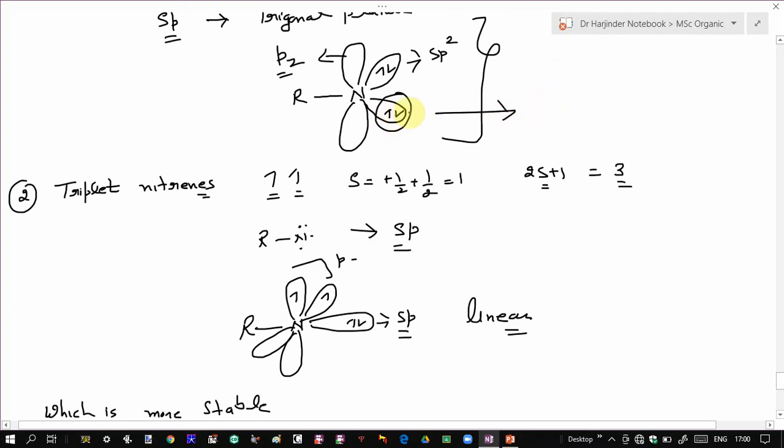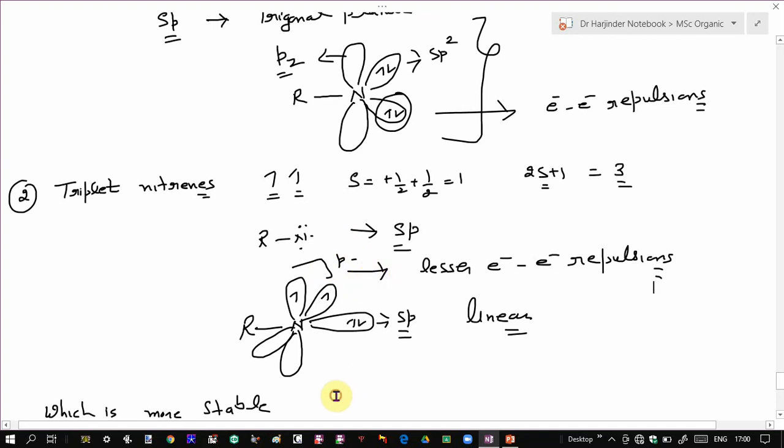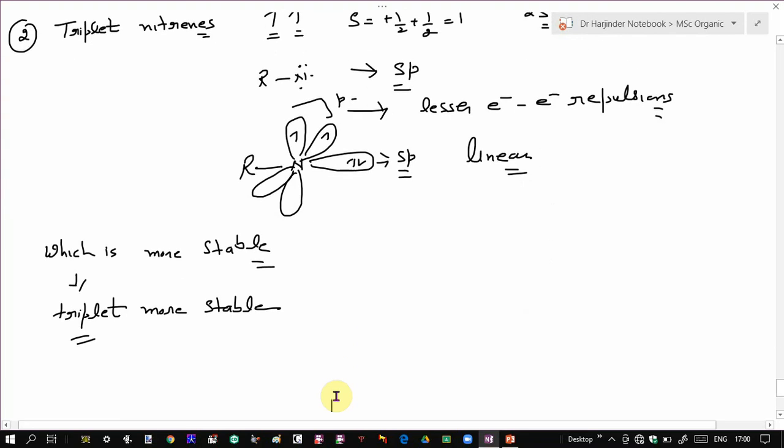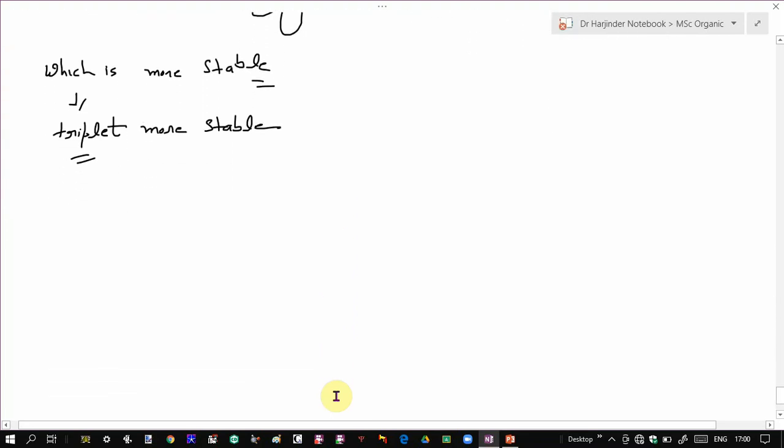Since they are present in the same orbital, there's greater electron repulsion as compared to when both electrons are present in different orbitals. So they are away from each other, so they have lesser electron repulsions. And since they have lesser electron repulsions in triplet nitrene, they have lower energy and more stability. So triplet nitrenes in general are more stable as compared to singlet nitrenes because of lesser electron repulsions, as both electrons are present in different orbitals.